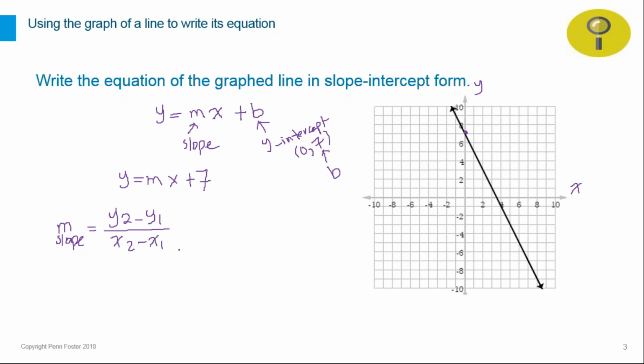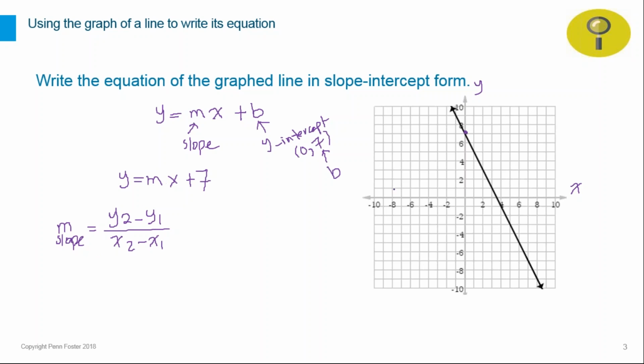What does that formula mean? It means that we need to determine 2 points on that line. Each point will have a y and an x value. Find the difference of the y's for the 2 points and the difference of the x's for those 2 points, and divide the differences, and that will give you the slope of the line.